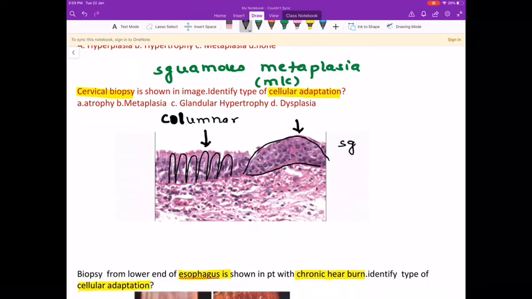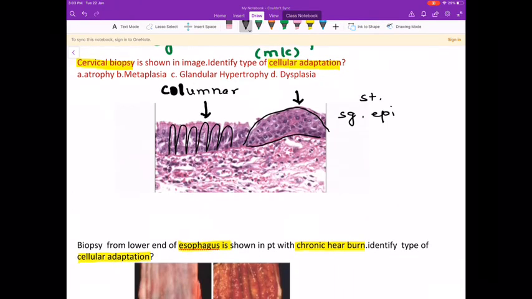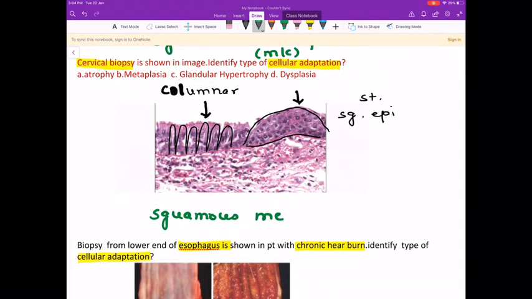This is the squamous patch. Polygonal cells, round nucleus, centrally placed. Stratified squamous epithelium. In the cervix, if this is happening, what is the process going on? Squamous metaplasia. Other question, what is the most common cause? HPV infection.